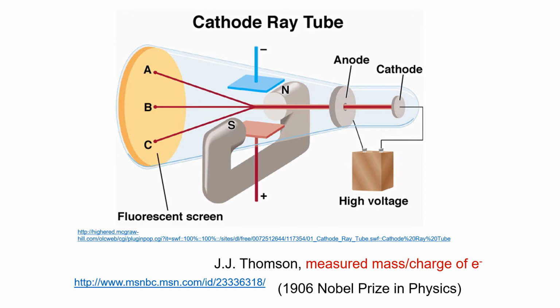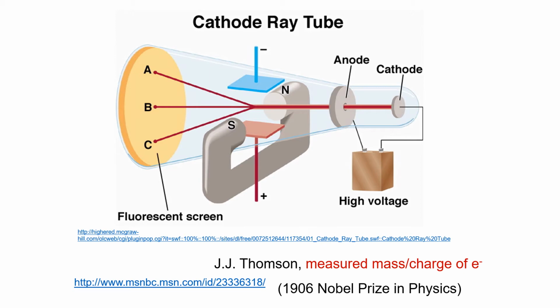And so this is a diagram of that cathode ray tube, and we've got a voltage source, we have the cathode, an anode. This is a stream of electrons, or what was learned to be electrons. We have the charged plates, a minus and a plus charge, and we have a magnet as well.